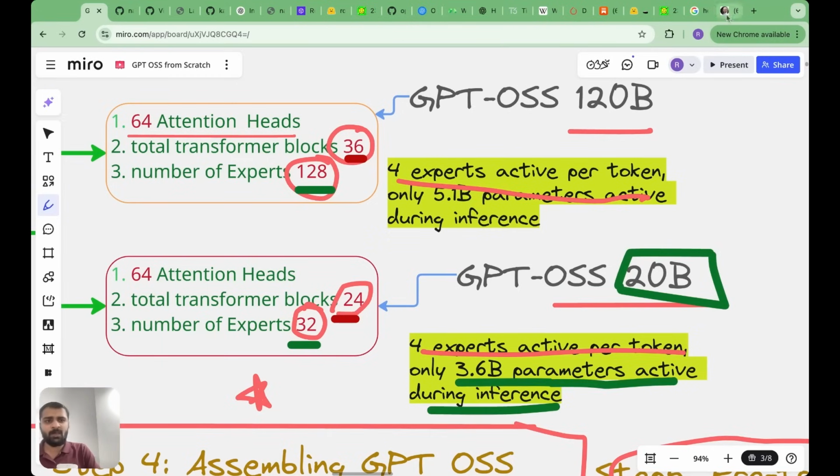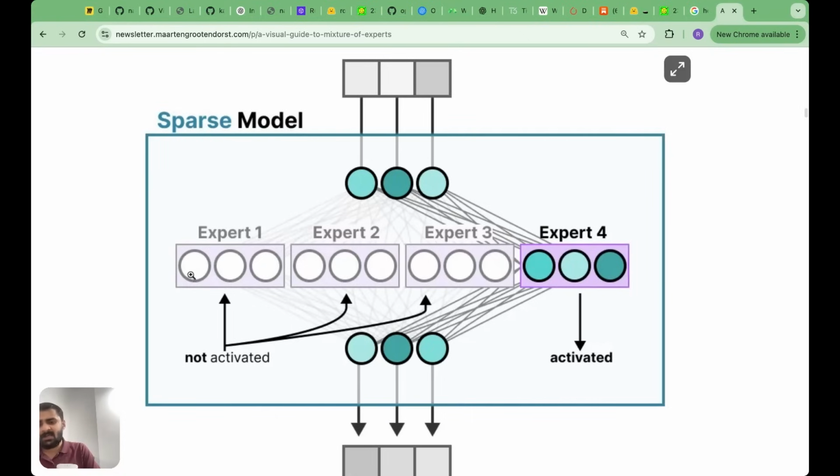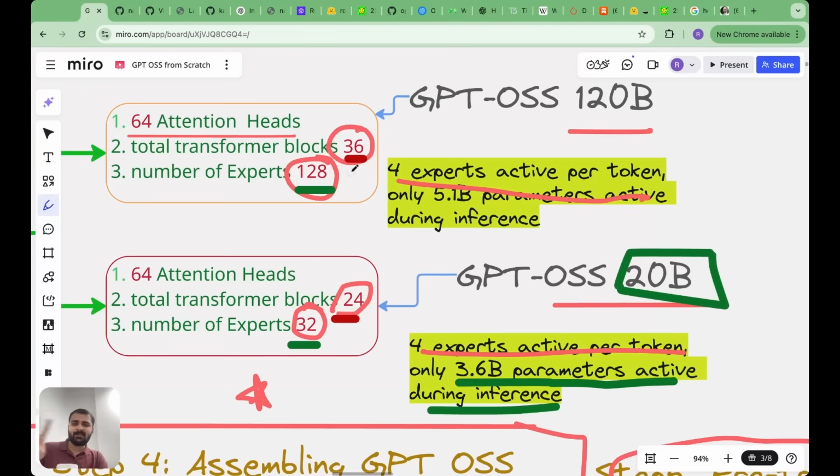Whenever a new token comes in during inference, most of these experts are inactive. In fact, only four experts are active. So they have 32 total experts, out of which only four are active. And for 120 billion, they have 128 total experts, out of which only four are active. That's a pretty small number of experts, right?